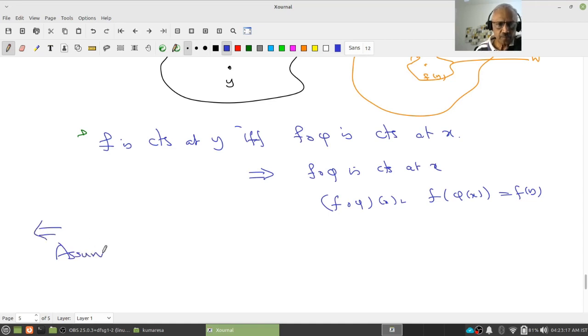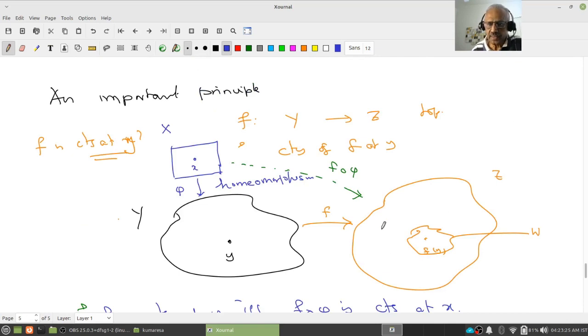Assume f composite phi is continuous at x, right? Okay, since it's continuous at x, now you are giving me W, right? Then what do I know? I know there is an open set, a very beautiful looking open set U containing x.